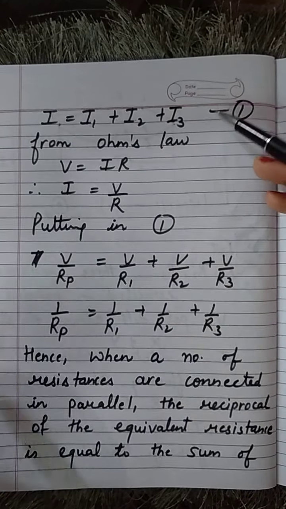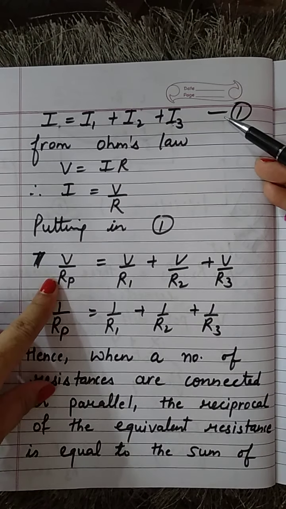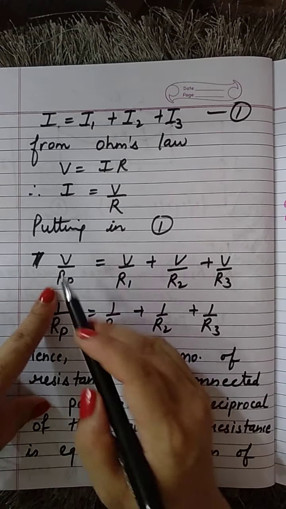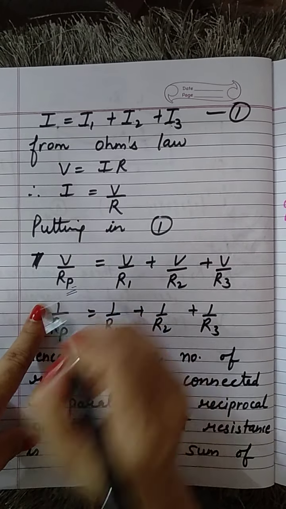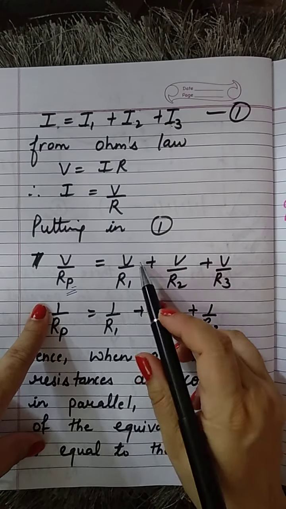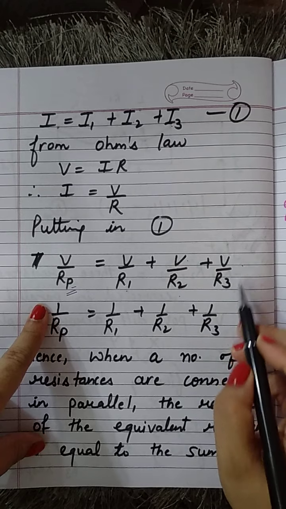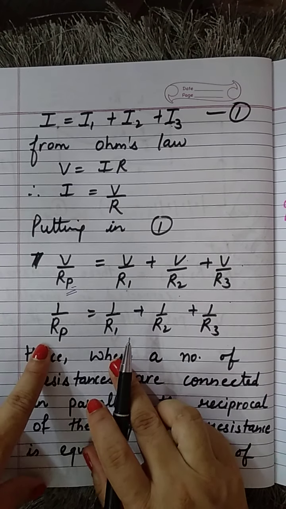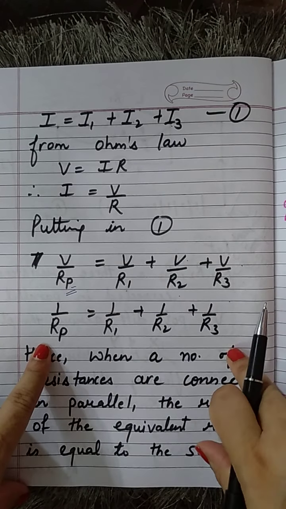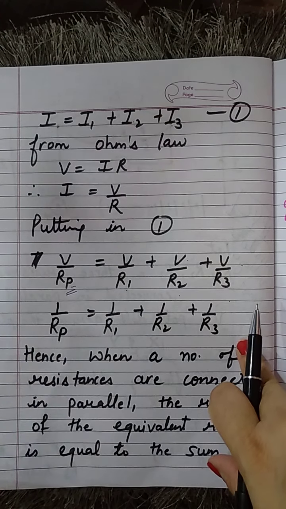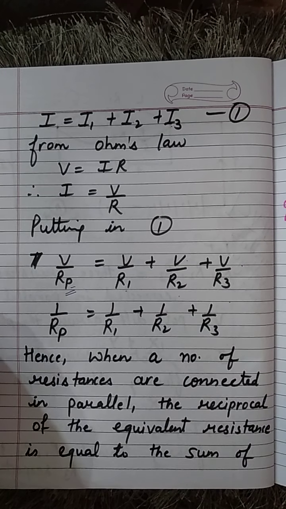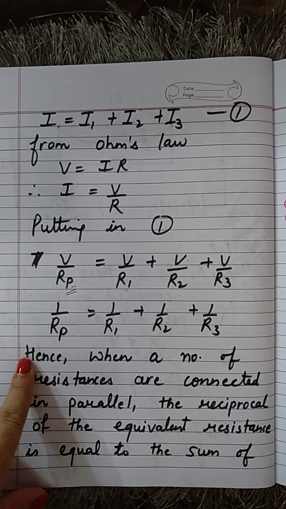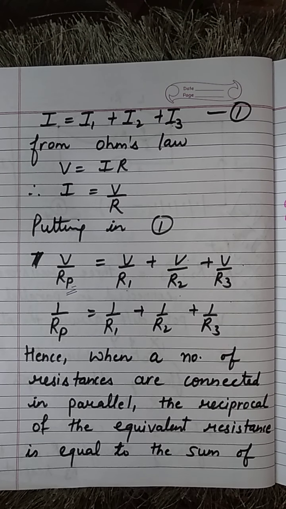Putting in equation 1, we get V upon Rp, which is the representation for resistors in parallel, equal to V upon R1 plus V upon R2 plus V upon R3. Taking V as common, we reach this.